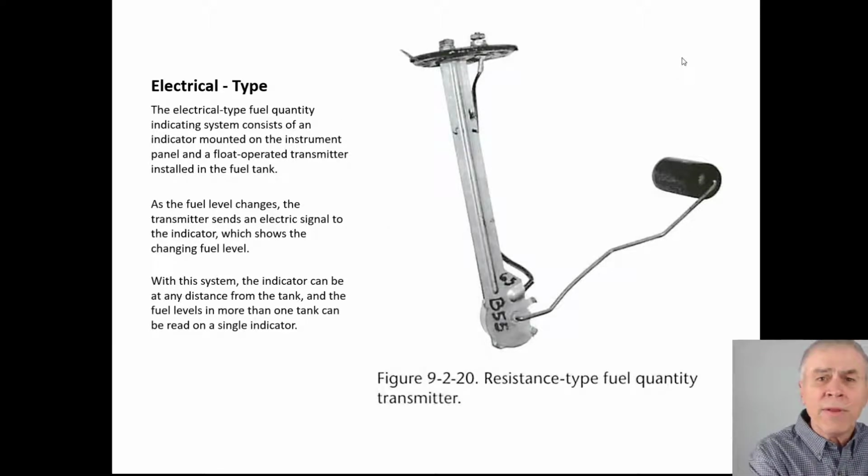A little review on the electrical type. We can see the float. Basically, it is attached here to an arm which has some electric wires going from it. I would imagine the resistive element is in the casing here.